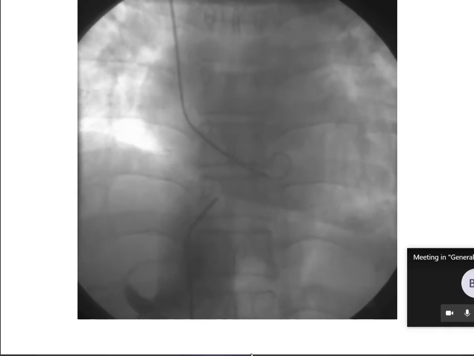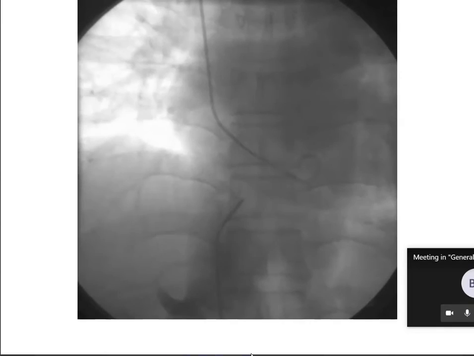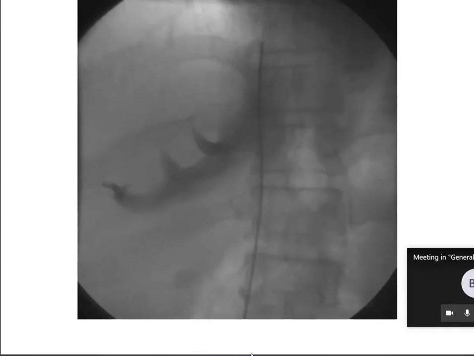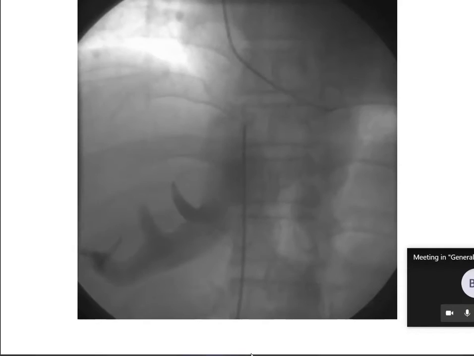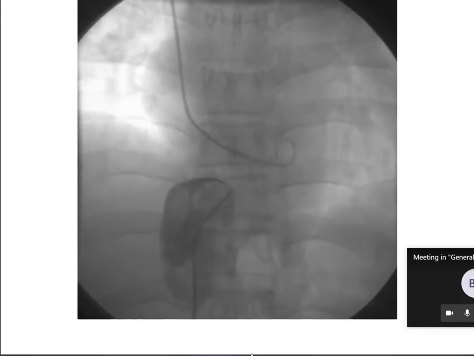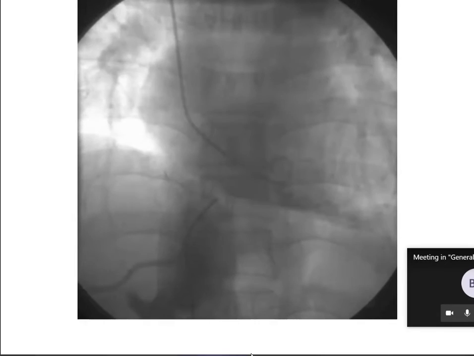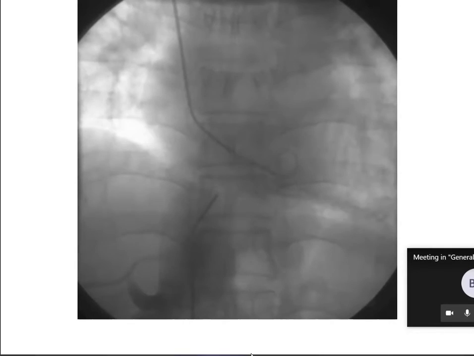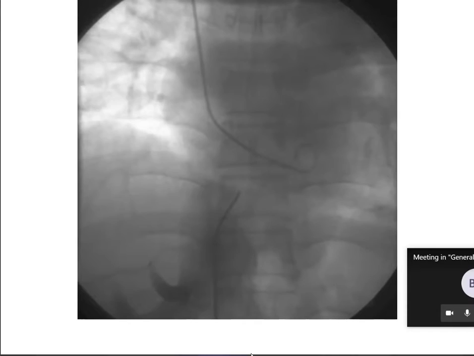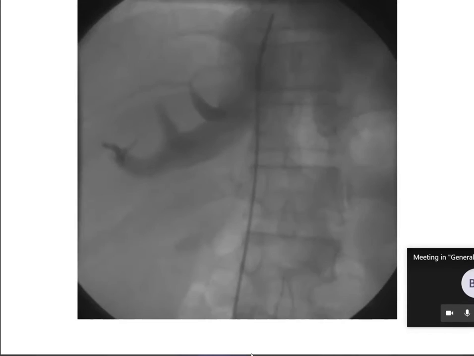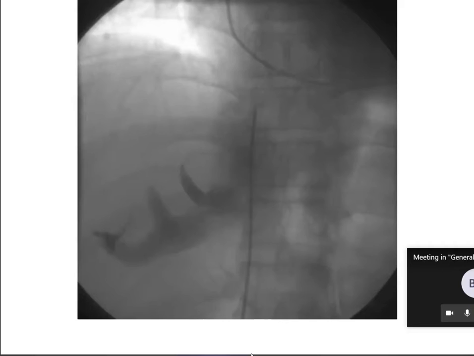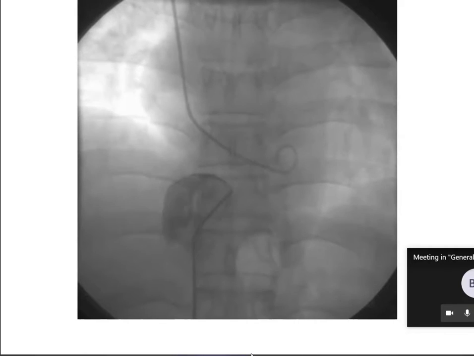Can you explain what is Budd-Chiari syndrome to the other people? Either hepatic vein thrombus or hepatic venous obstruction at the junction of the IVC and hepatic veins entry, sir.